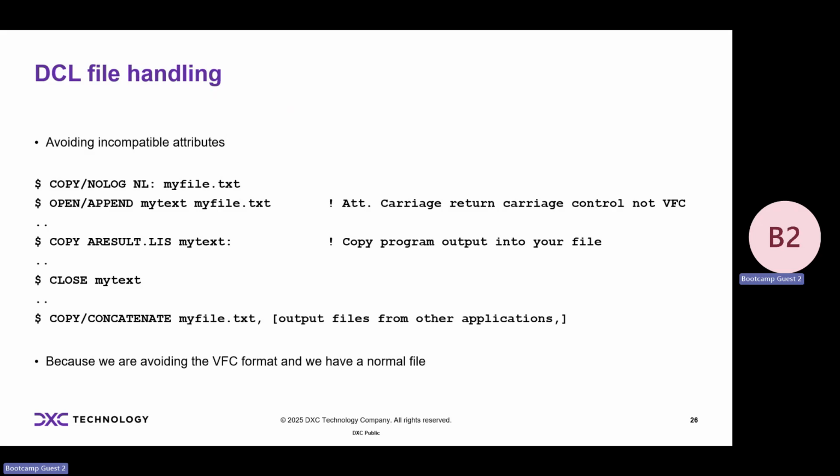So the easiest way is to copy NL: to whatever the file is, and then do an open/append rather than an open/write. Then you can actually do a lot more file manipulation. When you have opened a file, the other thing, I don't know whether to mention it on here, my text is a logical, so you can treat it as a logical and you can copy files into it.